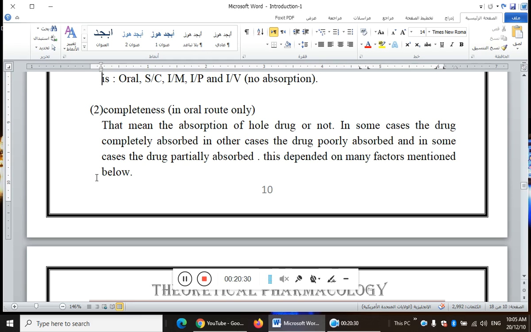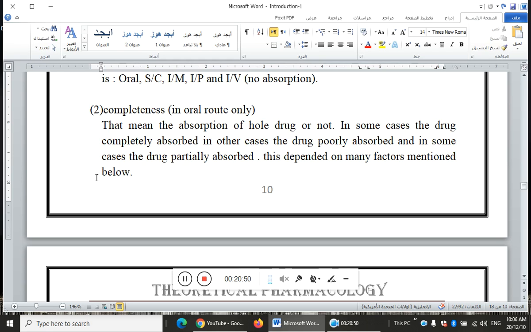Part of the drug will go with the intestine to the large intestine and get out of the body. In some cases, the drug is completely absorbed. In other cases, the drug is poorly absorbed. And in some cases, the drug is partially absorbed. This depends on many factors mentioned below.